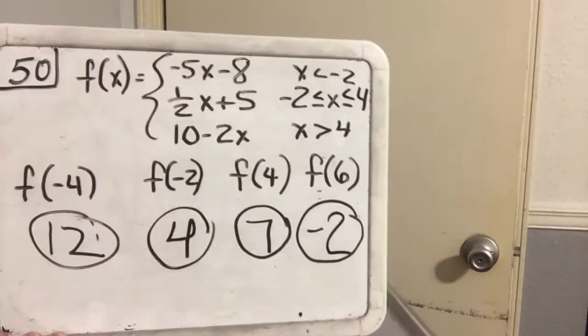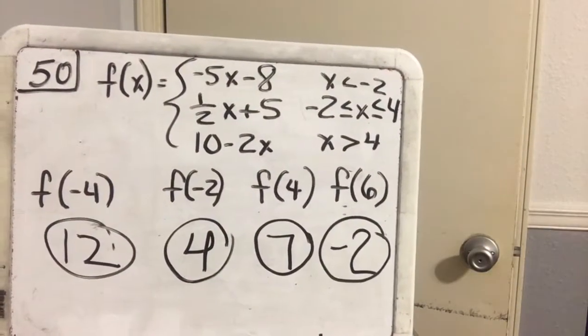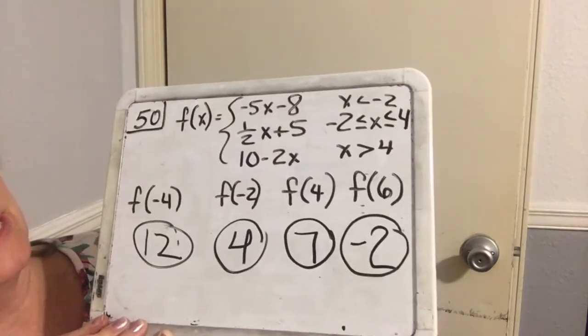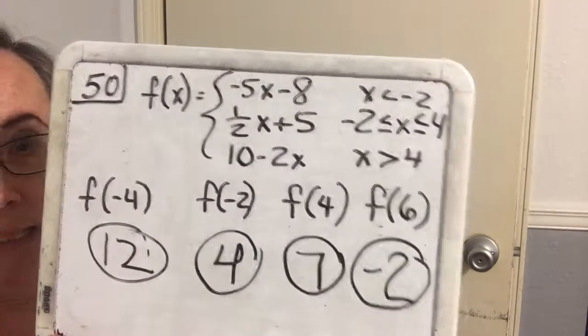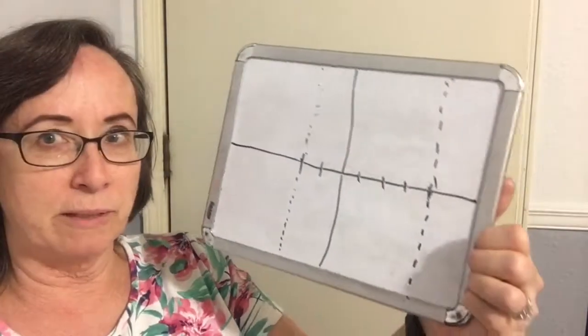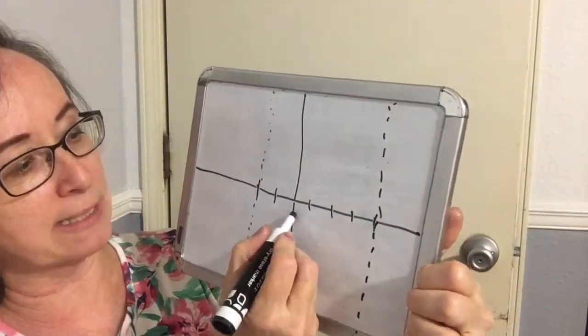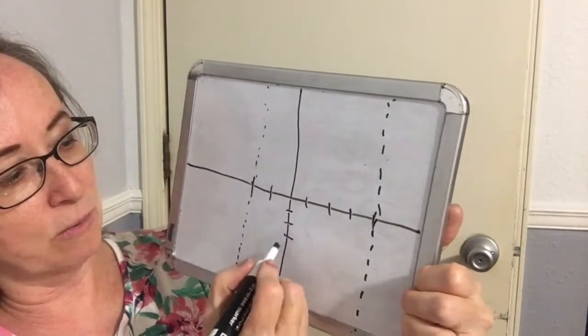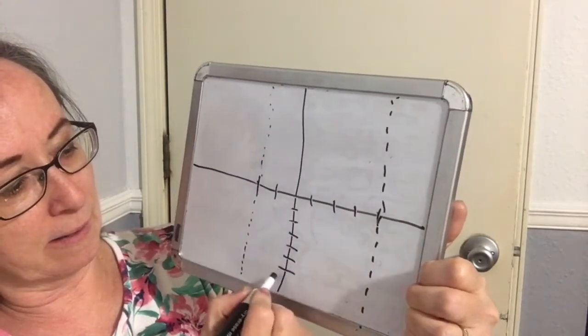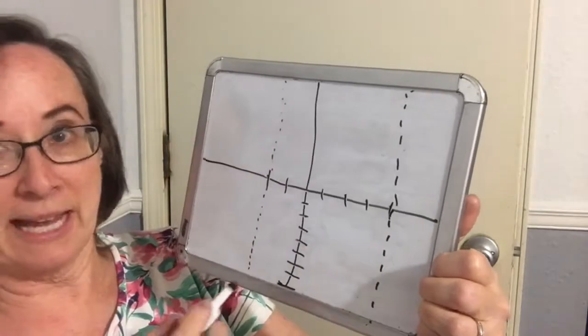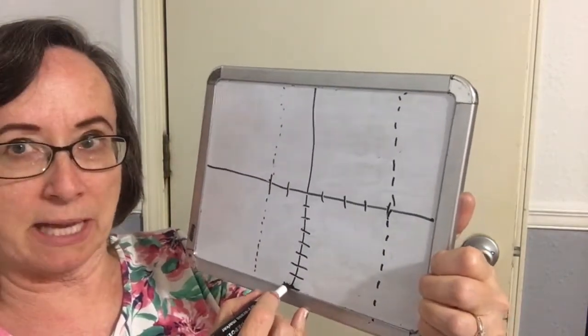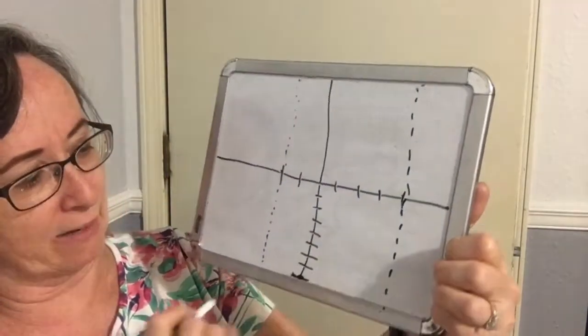Now, each one of these, if you look at these, each one of these are lines, okay? And the first one is negative 5x minus 8. So if that one was going to cross the y-axis, it would cross at negative 8. So that's close enough. So the negative 8 would be its y-intercept if it existed in that area.